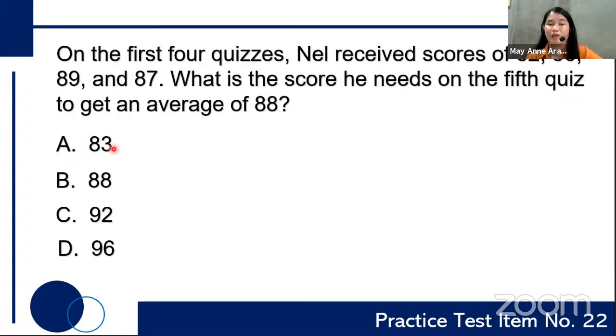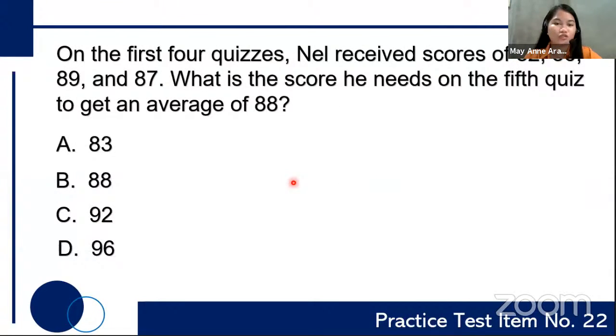So, pag 83 pa, hindi siya mag-reach sa average na 88, di ba? So, pag 88 naman, medyo kakapusin pa rin since 82 nga siya dito. So, mag-fall lang dyan ng around 86, 87. O, mag-alin lang sa 92 and 96. Dun yung pwede siyang i-try, no? Dun sa 92 and 96.